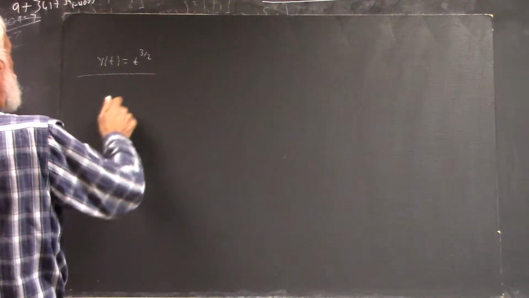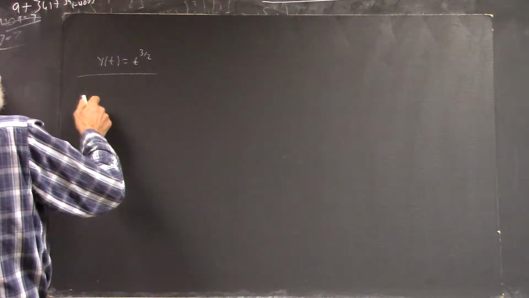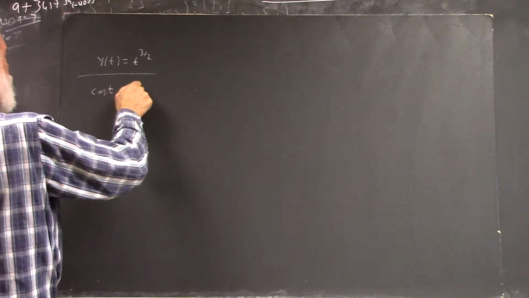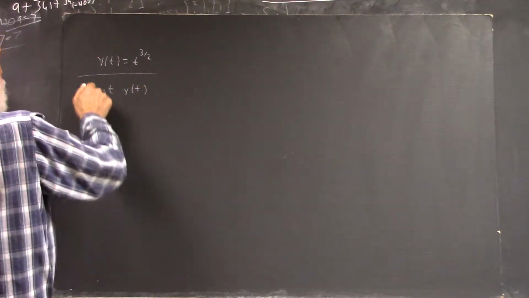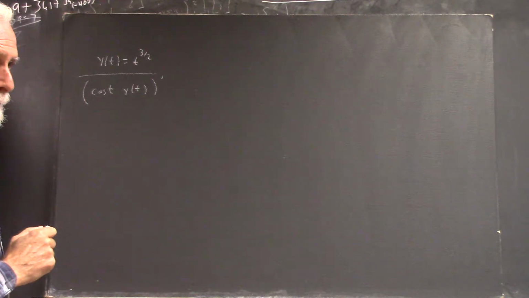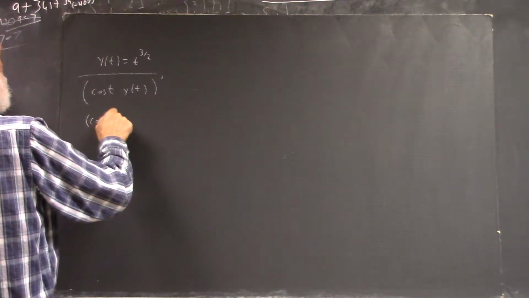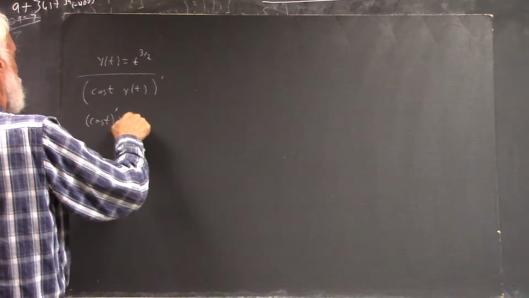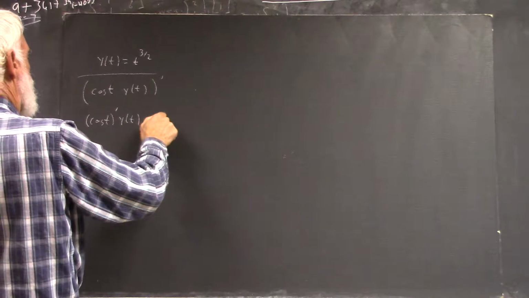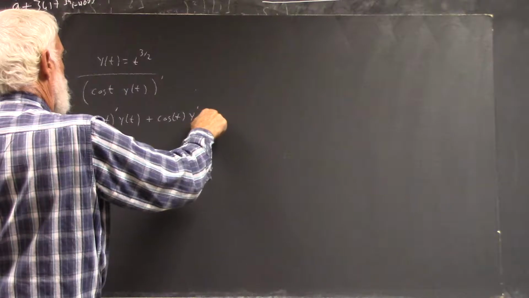Now, if we have the expression, let's say, cosine t y of t, and we want to take its derivative, well, it's this, right?